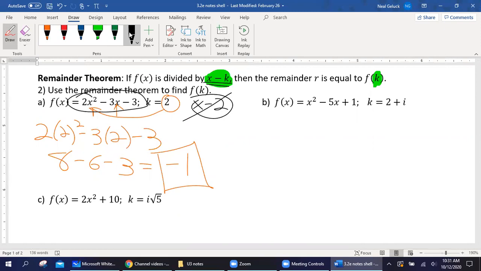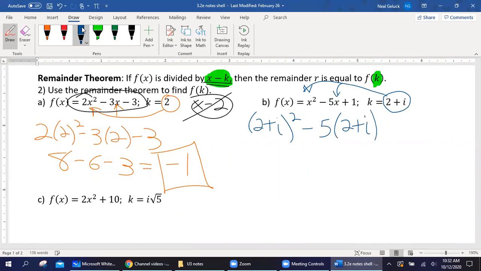For letter B, now I'm throwing something in there that's got some i's. Our friends, the imaginaries, are going to come back in this chapter. I'm going to plug in 2 plus i for every x. So this is going to be (2 plus i) squared minus 5 times (2 plus i) plus 1.